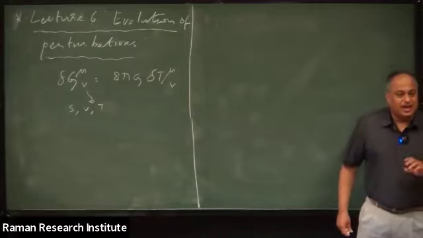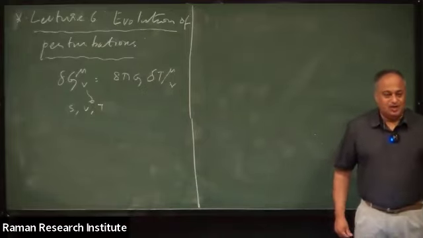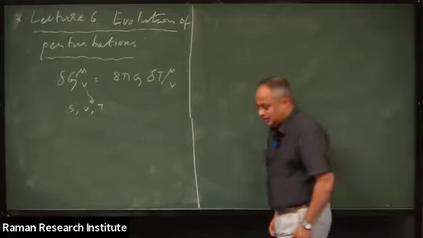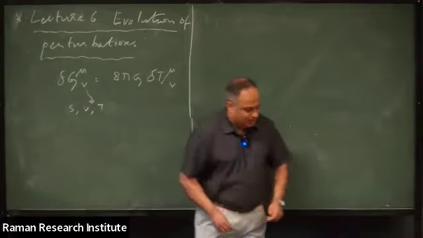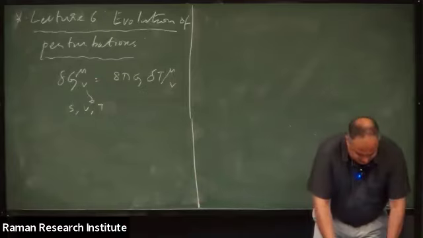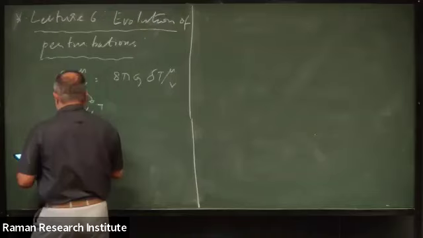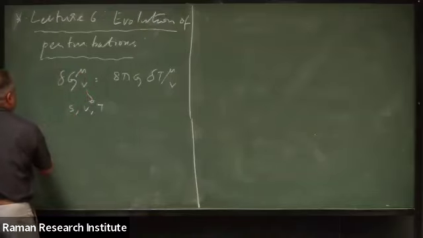You can either construct gauge invariant quantities and examine their evolution, or much simpler, we will choose to work in a specific gauge. And we will work in this popular gauge, wherein we'll focus on these 2 quantities, the scalar perturbations.